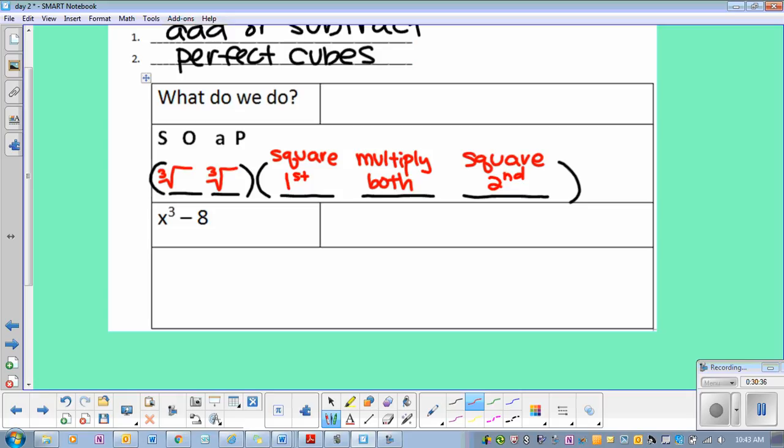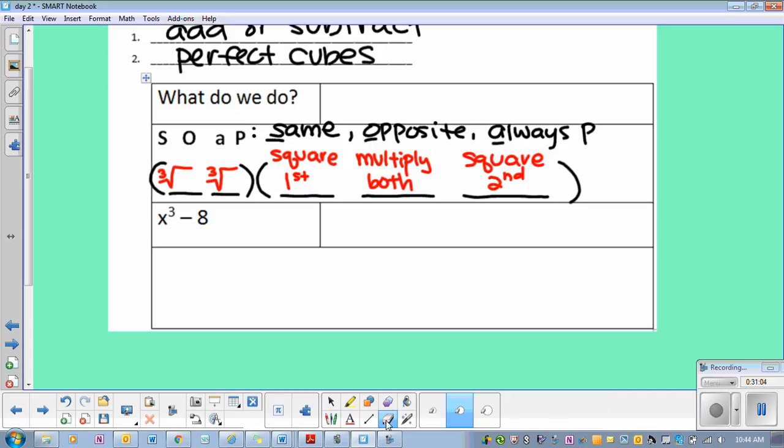We put the signs in last, and we're going to use something called SOAP. The S is same, the O is opposite, and the AP from the SOAP is always positive. I'm just going to put a plus sign. Same, opposite, always plus. Okay?